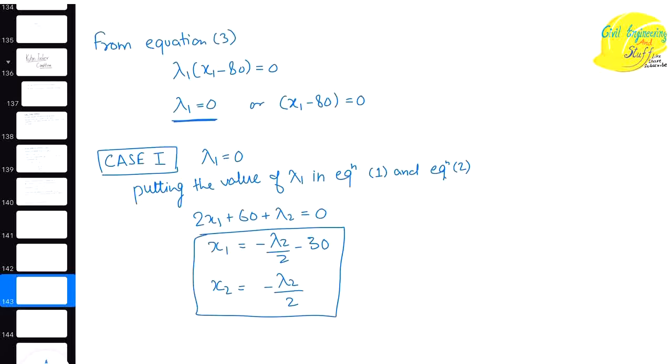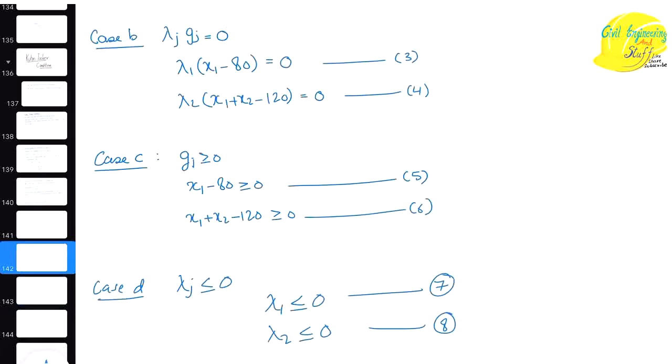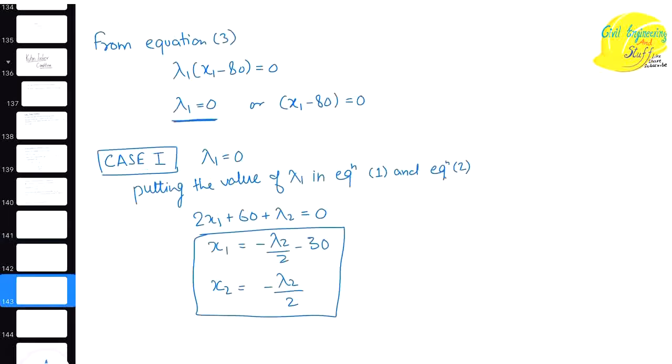Now let's put this value in one of these relationships. Since equation number 4 has all these values, let's put the values of x1 and x2 in equation number 4 so that we can get the value of lambda 2.